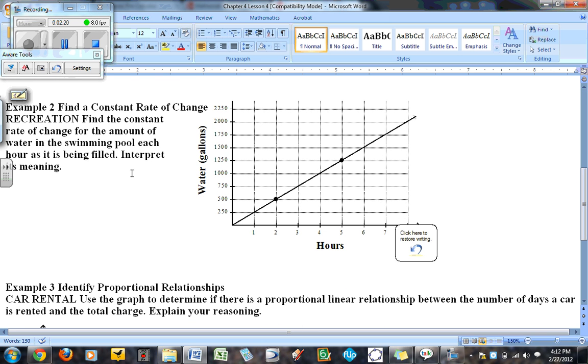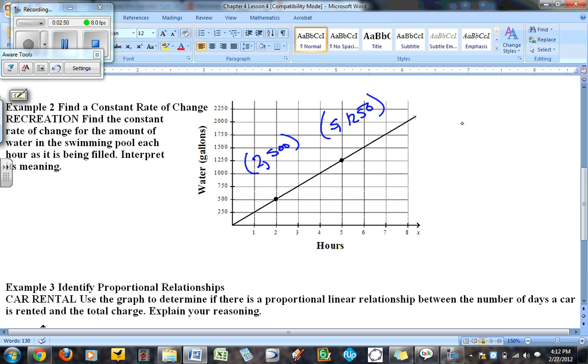Example 2: find a constant rate of change for the amount of water in the swimming pool each hour as it's being filled. They give us a couple points through which the line goes. If we were to write this as ordered pairs, we'd have 2 as the x value and 500 as the y value, and 5 as the x value and 1,250 as the y value.